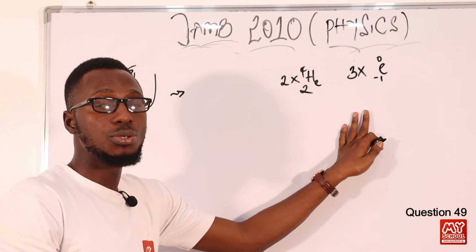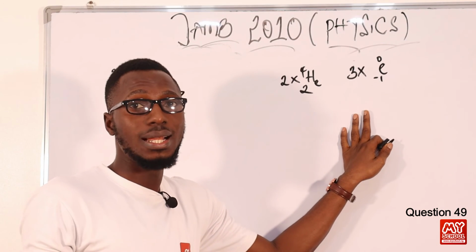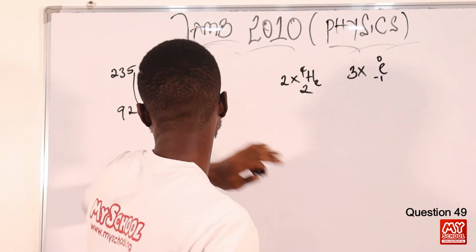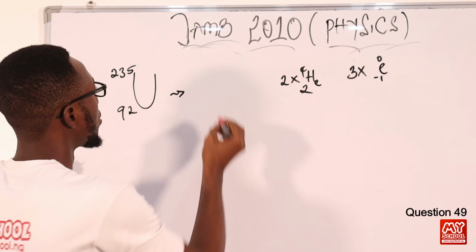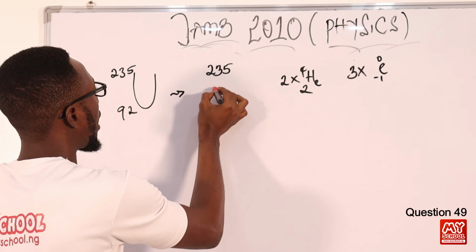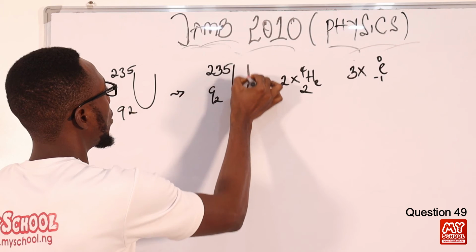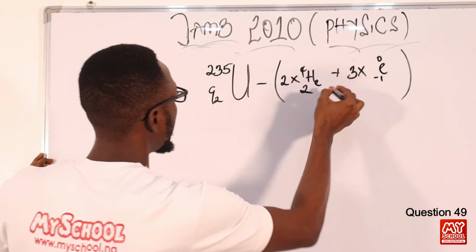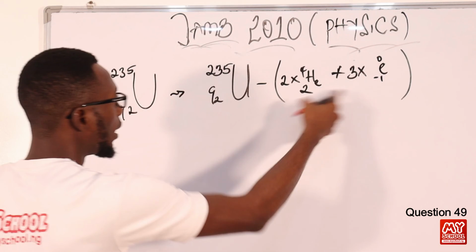Remember that the mass of the gamma ray is negligible. It's an electromagnetic wave, so that is actually gone. So we have 235 and 92, minus everything that we have here. These are the emissions.